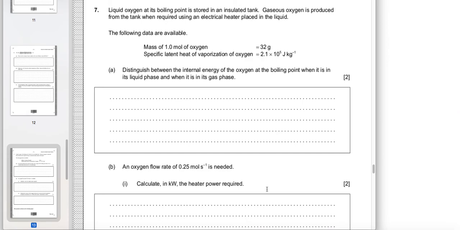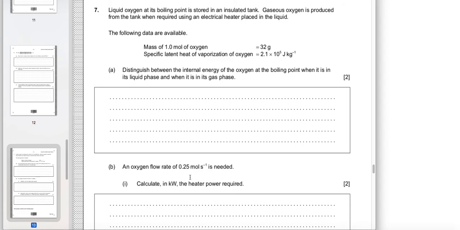So what do we have? Again, gaseous oxygen is produced from the tank using an electrical heater placed in the liquid, and 1 mole has a mass of 32 grams. The specific latent heat of vaporization is 2.1 times 10 to the power of 5. Let's look.